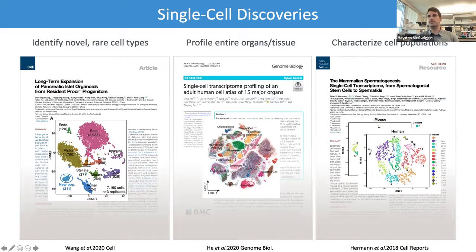And then on the right here is a paper published by John McCary, and they profiled most of the cell types in the testes. They did this in both human and mice, and we could look at the different gene expression profiles in each stage of spermatogenesis.